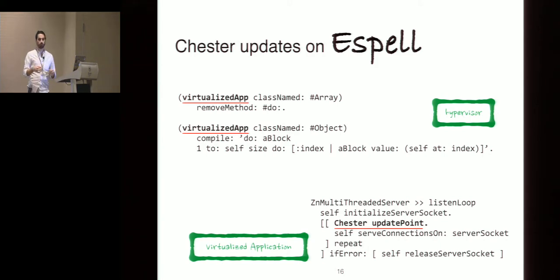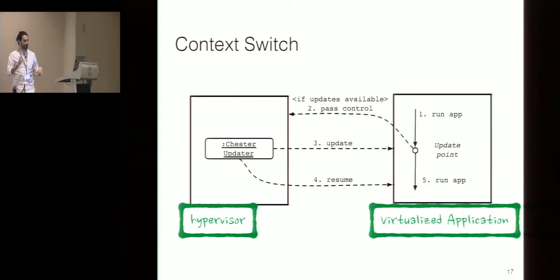So the dynamic update system that we build is called Chester, and this Chester will work like this. So first, if we think that we have our web server application here on the right, we will run this web server application until we find an update point, the update point that we declared before.